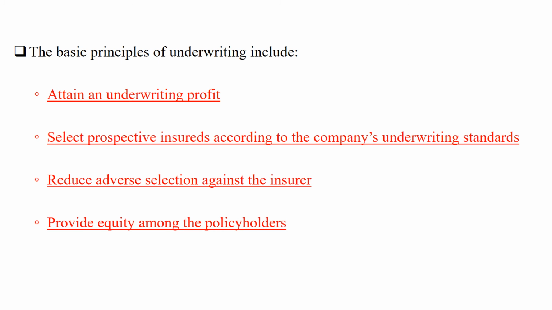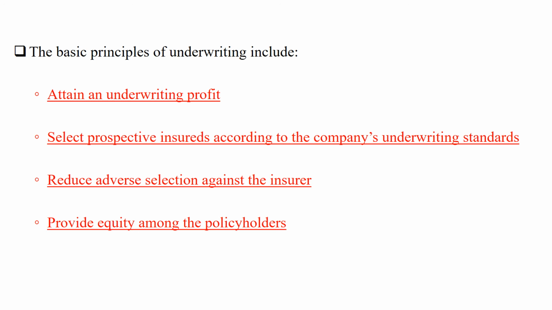The final principle is to provide equity among the policyholders. If the insurance company allows the unhealthy customer to pay the same rate, same insurance premium, it's unfair for the healthy customer. We know that the insurance premium is based on the past experience, past customer experience.